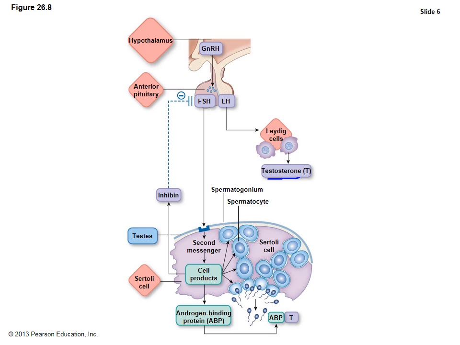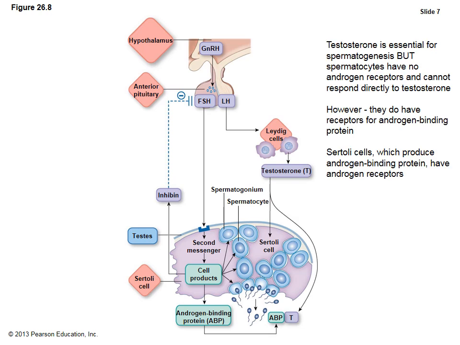Testosterone is essential for the process of spermatogenesis. But the actual actions and effects of testosterone are mediated by means of the Sertoli cells, because the Sertoli cells have testosterone receptors, but the spermatogonia do not.